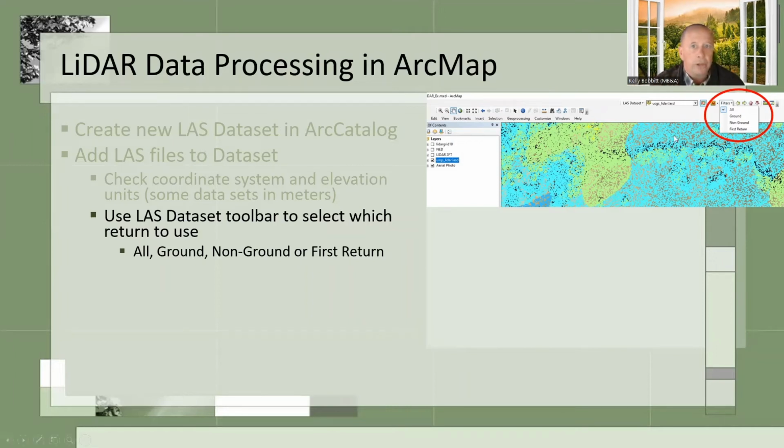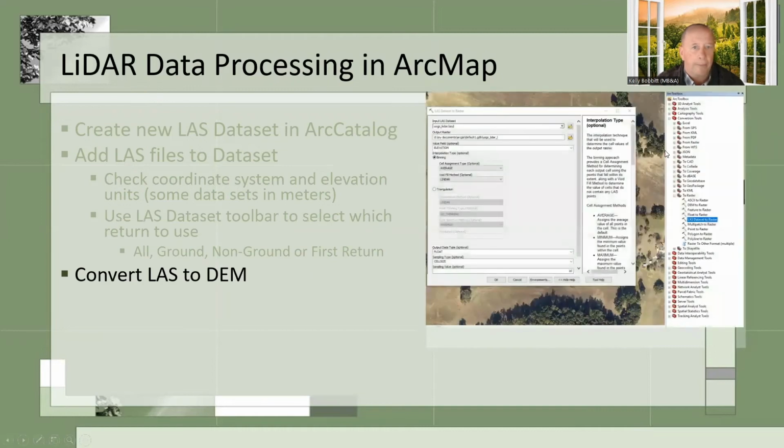And one of the toolbars that you need to use is the LAS dataset toolbar. And the first thing you need to decide, depending on what you're trying to do, is, do I want to look at all the returns, just the ground returns, or maybe just the first returns? So very important you do that right at the beginning, depending on what you want to do with it.